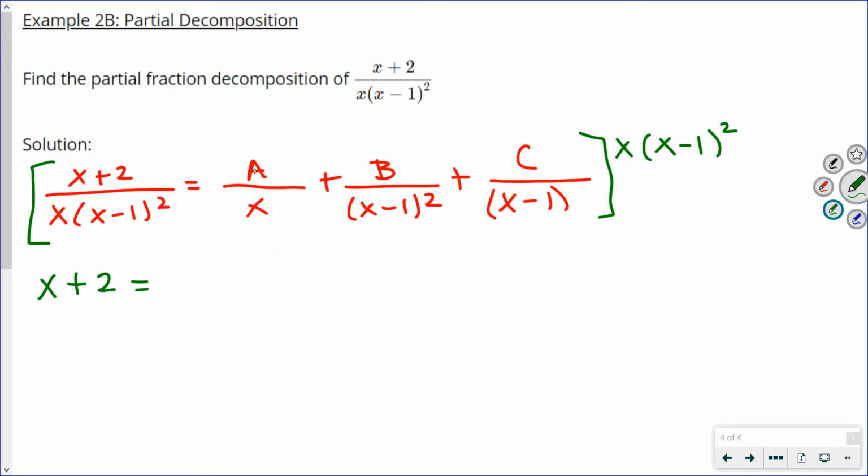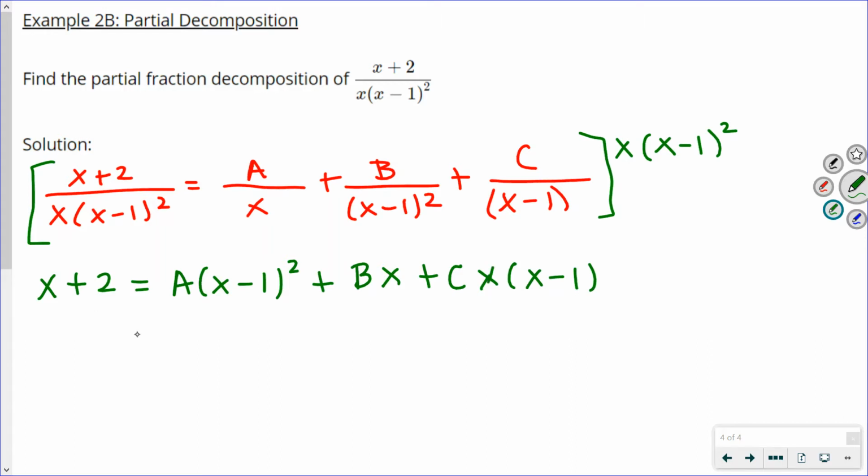And then A over x, when I multiply, the x will cancel, leaving me with A(x - 1)². Plus B over (x - 1)², when I multiply, the (x - 1)² will cancel and just leave me with Bx. For my C term, only one of the x - 1s is going to cancel, so I'm going to be left with x and one extra (x - 1).